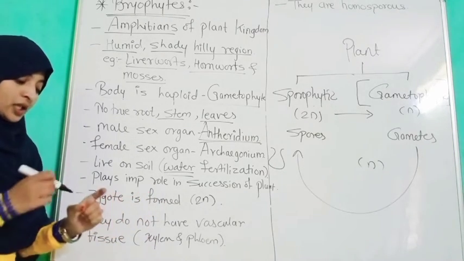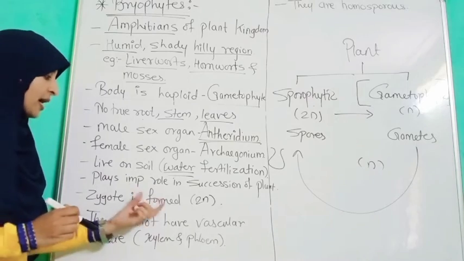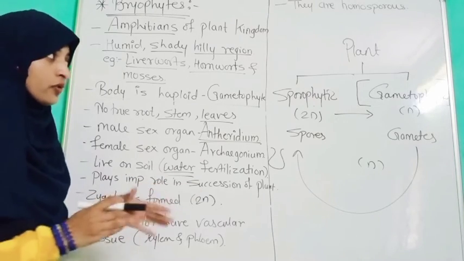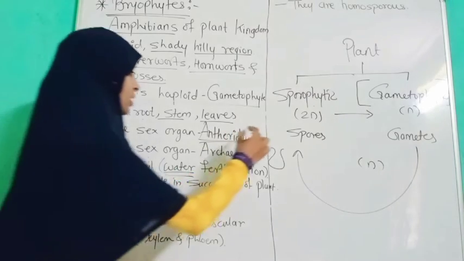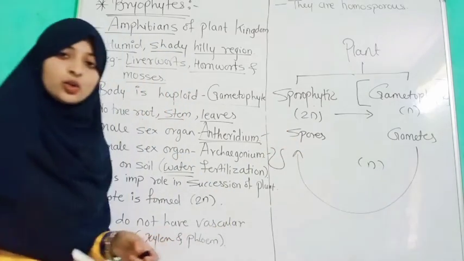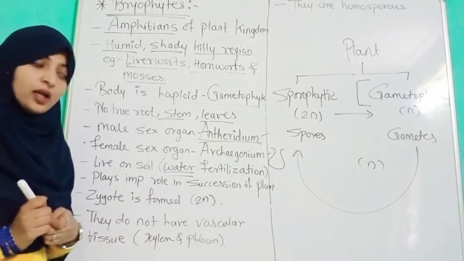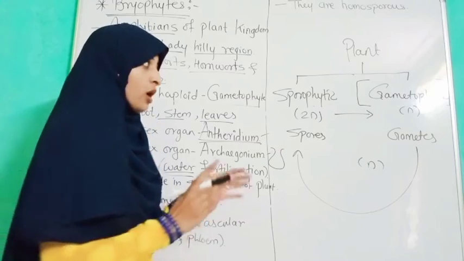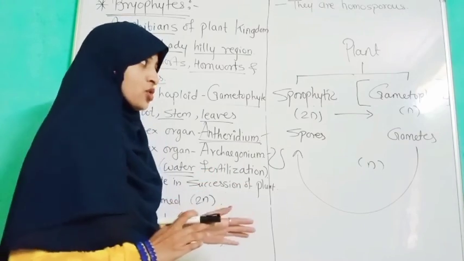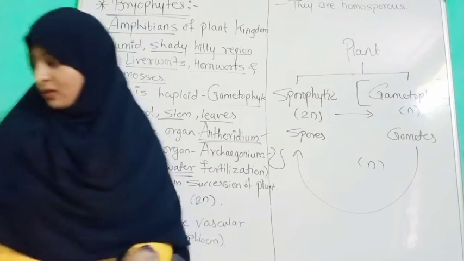The zygote is formed. Now we are going to discuss how, from antherozoids and egg cell, the zygote is formed and how the plant body begins, or how we see the dominant life stage of bryophytes.